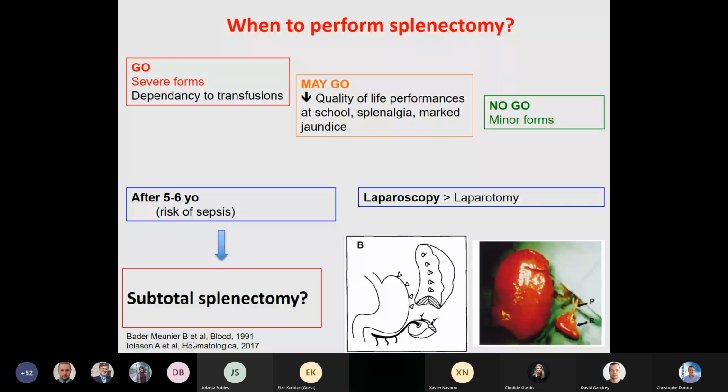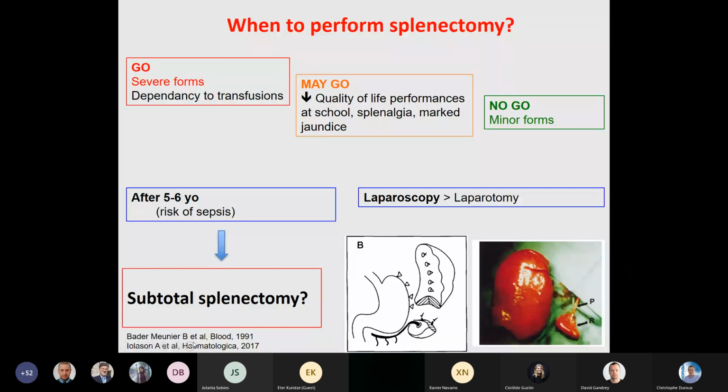So what we think is, if you have a severe form of spherocytosis with dependency on transfusion, this is an indication of splenectomy, yes, but you will try to perform splenectomy after the age of 5 years, because we consider that before the age of 5 years, the risk of sepsis is higher. So if you can wait until 5 to 6 years, try to perform laparoscopic or robotic surgery rather than laparotomy.